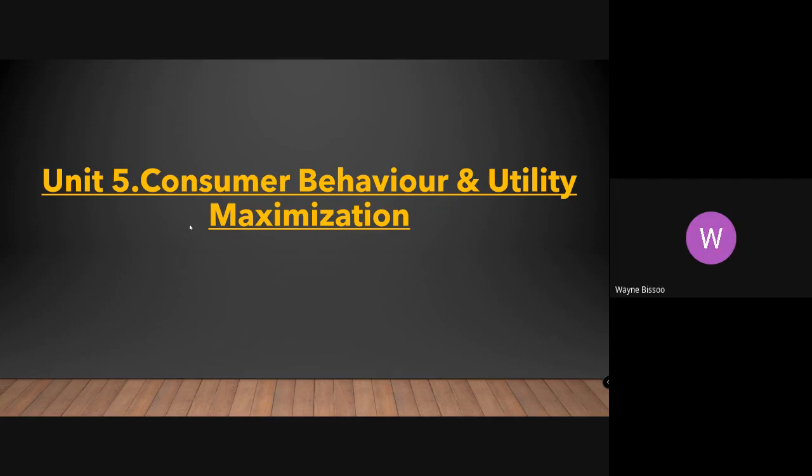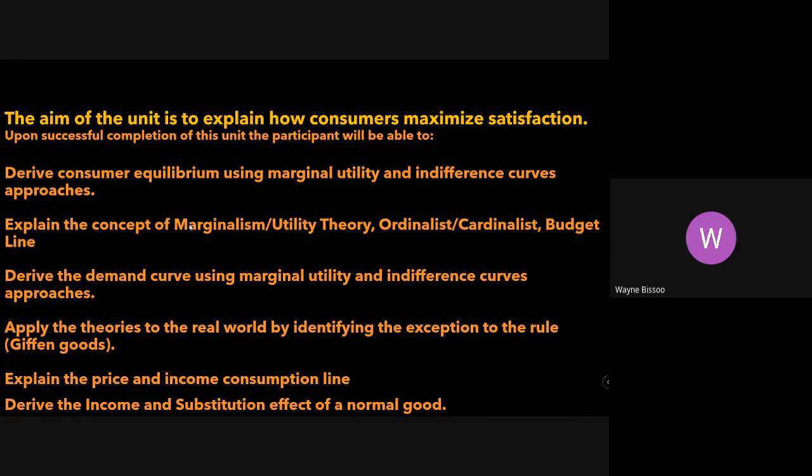All right, so let's get started by looking at the theory. So again, with all of the units, I've put the course outline information into the presentation so you know what we're trying to do. With this unit, we're looking at deriving consumer equilibrium using marginal utility and indifference curves approaches. Explain the concept of marginalism, utility theory, ordinalness and cardinalness, budget lines.